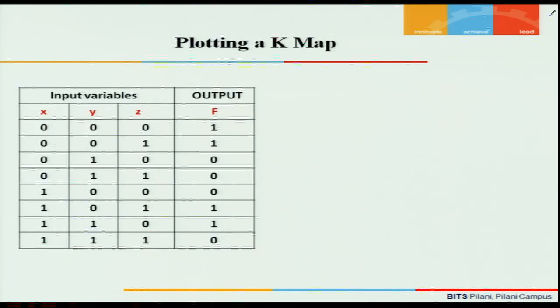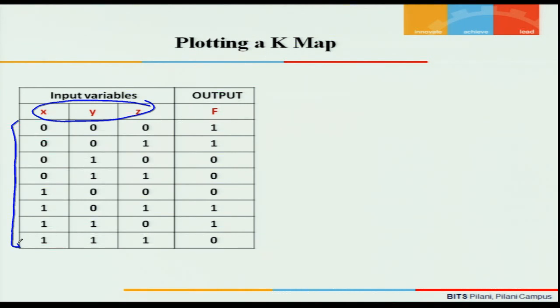So, let us look at an example of a function having 3 inputs x, y, z and an output f. All the combinations of the input variables are plotted and the corresponding output values are also plotted here. Since it is a 3 variable function, these 3 variables can have 8 possible combinations.